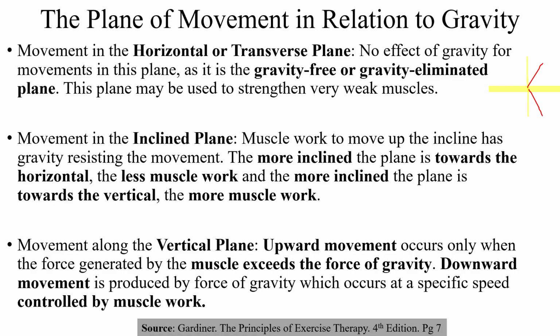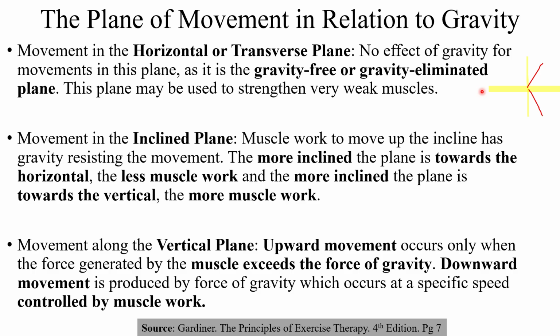Now if I am doing a movement in the horizontal plane, the movement is this way, from left to right, internal and external rotation, those kinds of movements. So it's neither going up, which is against gravity, nor going down, which is towards gravity.